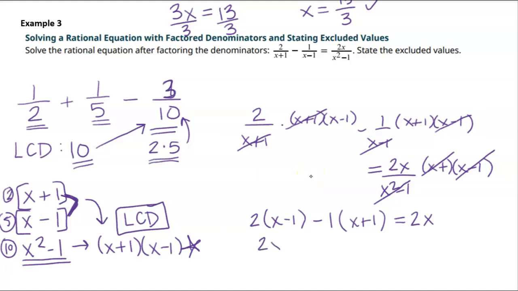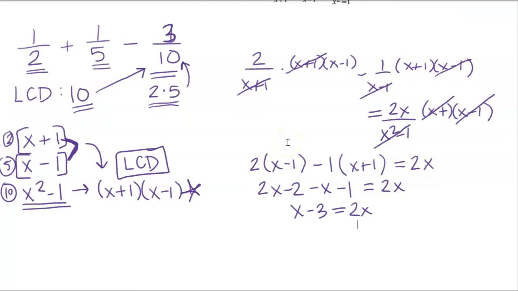So that's going to give me 2x minus 2 minus x minus 1 equals 2x. Combine like terms, x minus 3 equals 2x. Scroll down just a little bit here. And then when I bring x over here, I get negative 3. Must be my solution for x.